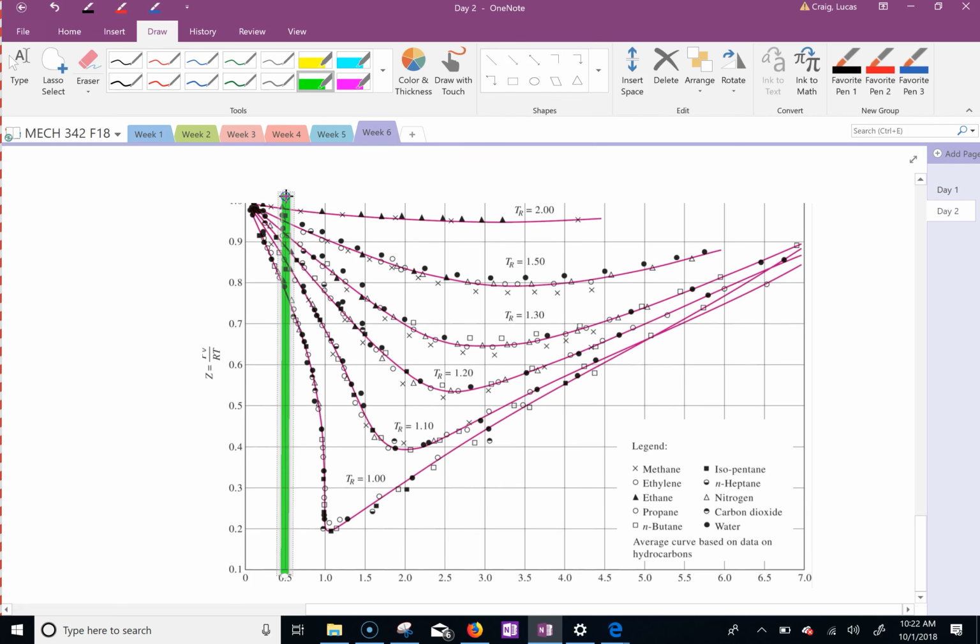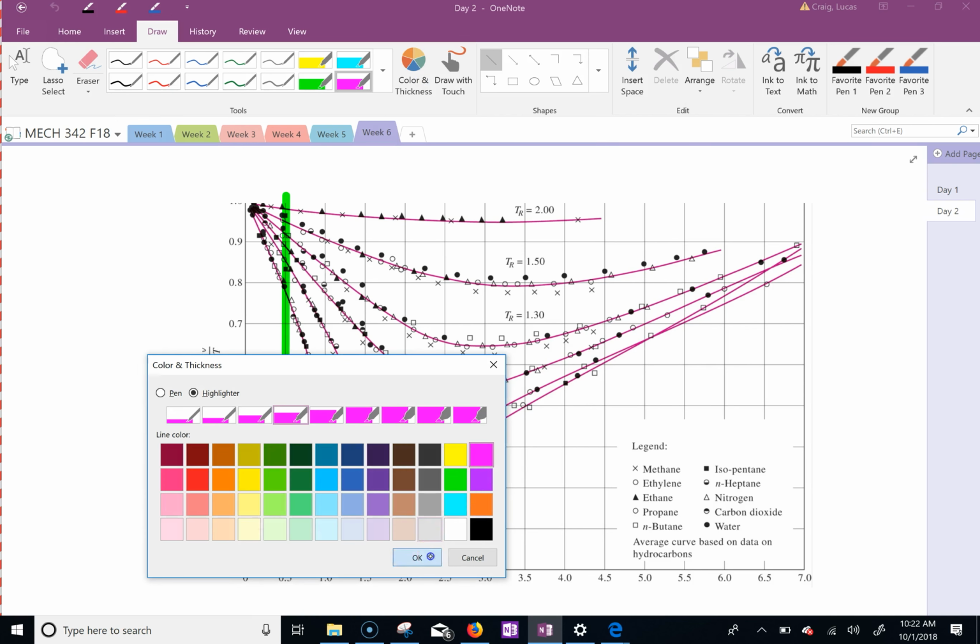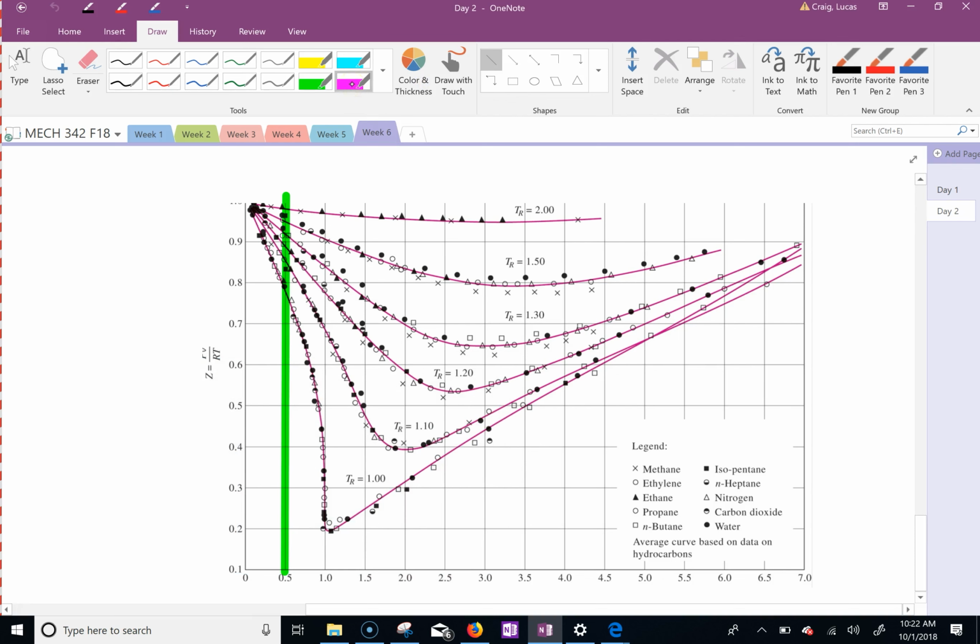Oh, look at that. That's much better. And then we're at a TR of what? 1? So I want to actually draw this so you have it. So we're on this one.